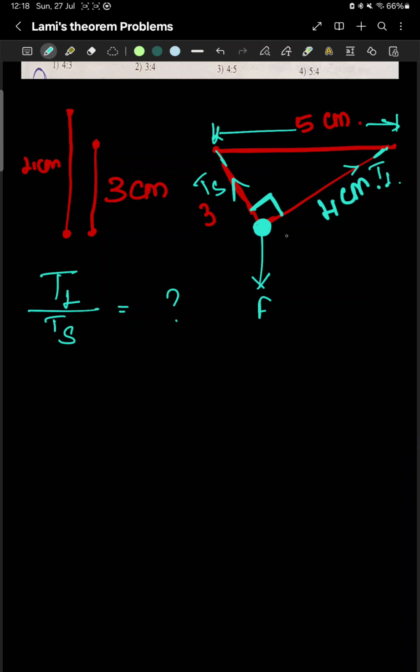What we have to know in case of Lami's theorem is the angle between the two forces. From here I can say this angle is 90 degree, but I don't know this angle. So what I have to find is the angle between TS and F as well as the angle between F and TL.